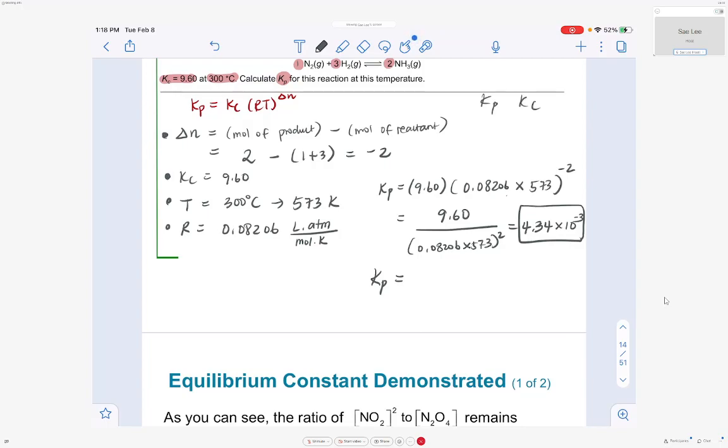So Kp equals 4.34 times 10 to the negative 3.